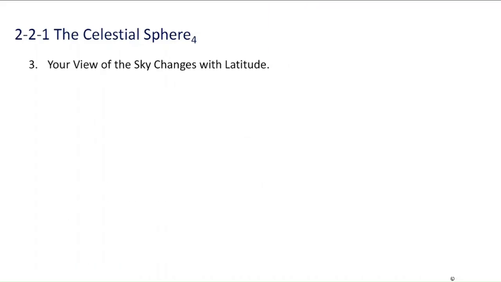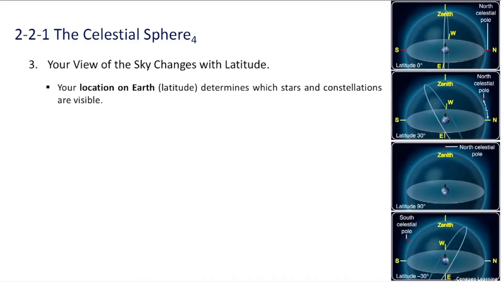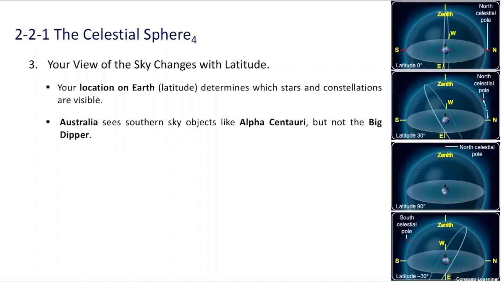Now, have you ever wondered why someone in Australia sees stars we can't see here? It all comes down to where you are on Earth, your latitude. So, your sky is unique. For example, people in Australia can see Alpha Centauri, a famous bright star in the southern sky, but they never see the Big Dipper.